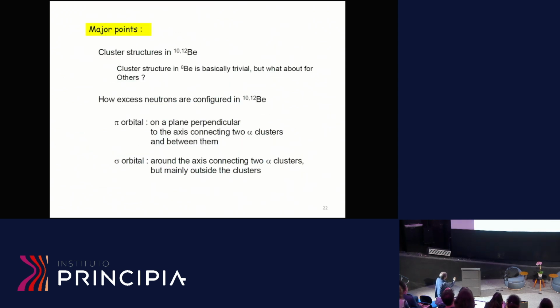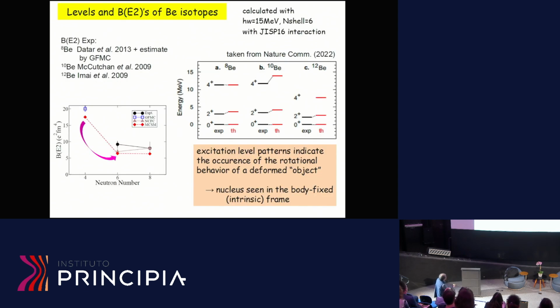First of all, this part is our energy levels for beryllium-8, beryllium-10, and beryllium-12. This figure was taken from this paper, and you can see reasonable agreement between our calculation and experimental data. Usually the calculated 2+ energy is always a little bit higher than the experimental energy.